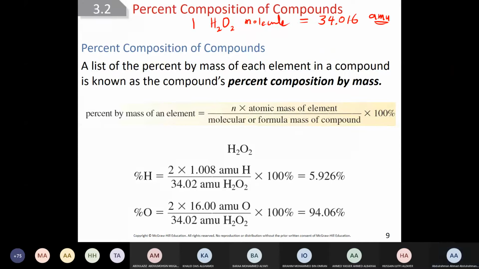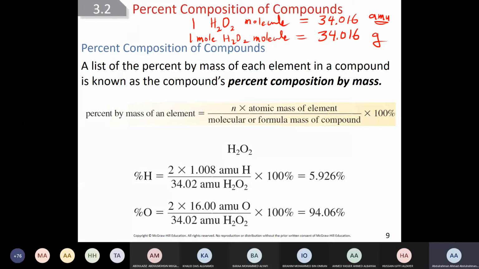Very good. 1 mole of H2O2 is 34.016, but gram. Now we say gram, exactly.